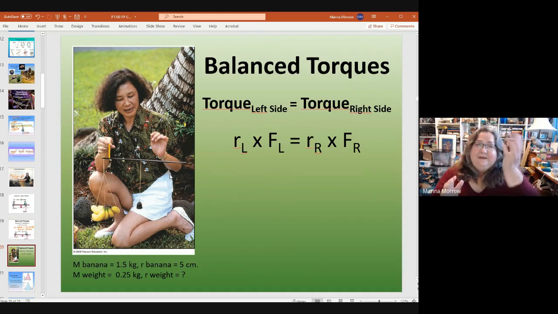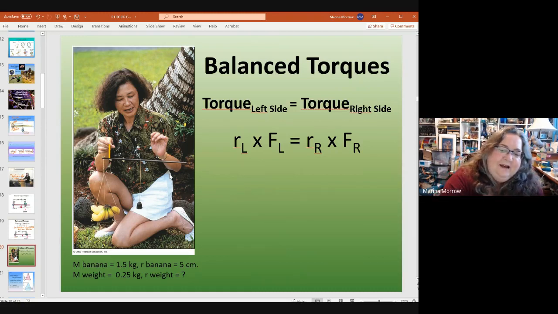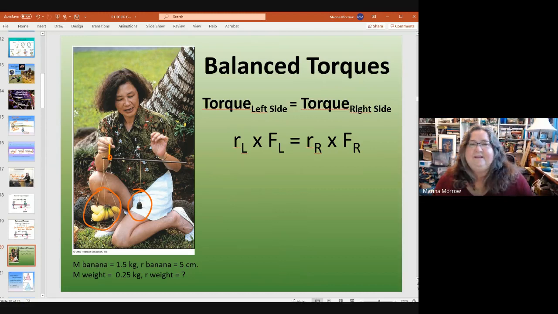You're trying to balance what's in the pan with the weights on the lever arm. She slides the weight along until the bananas on one side balance the torque on the other side. And this right here is your rotation point.